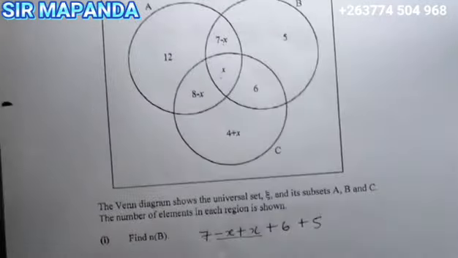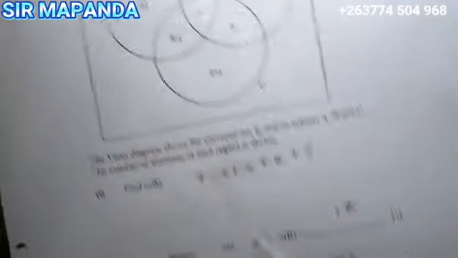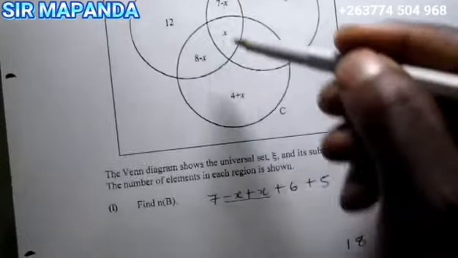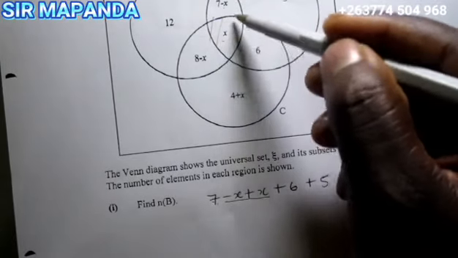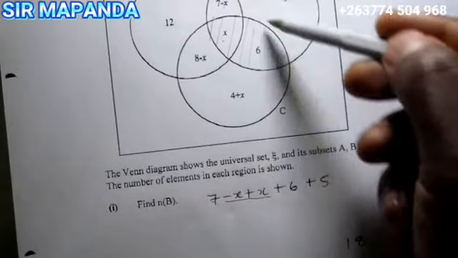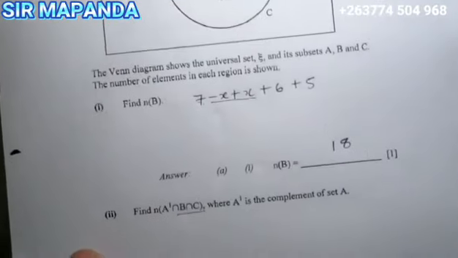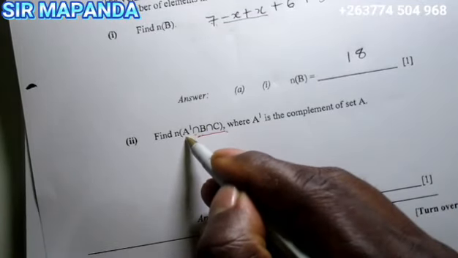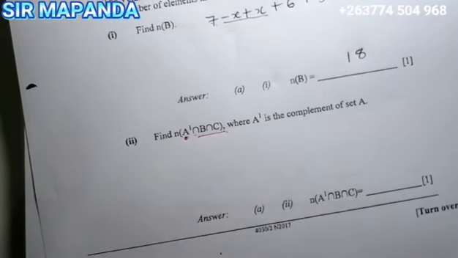So I want to identify B intersection C first, right? So this is B intersection C, where the circle of B and the circle of C intersect. But B intersection C is intersecting with A complement, right?